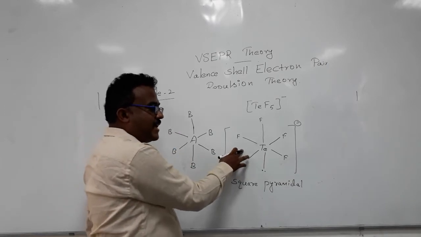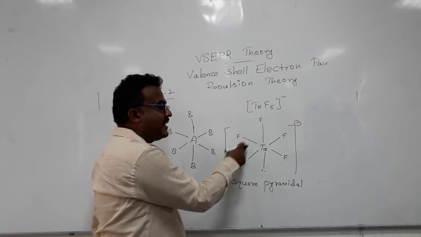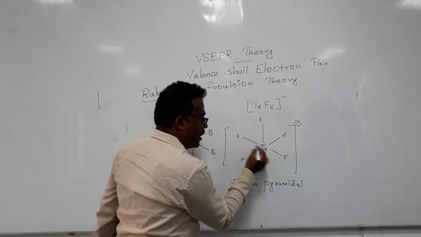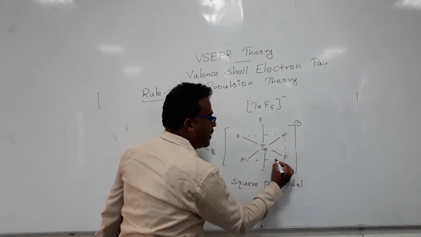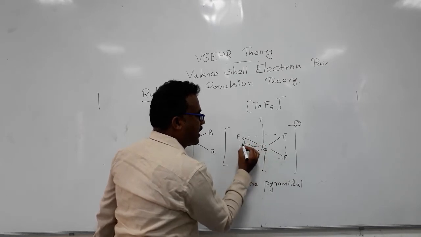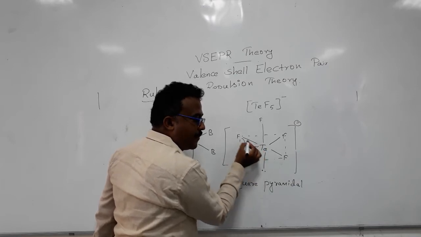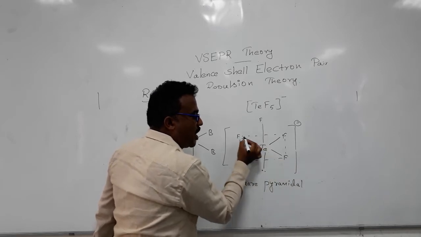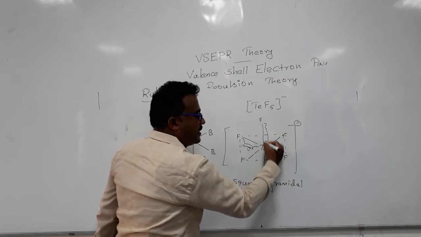But when we come to the square pyramidal molecule TeF5 minus, it has two different types of bond length. The bond length of TeF which is in the square basal plane is longer compared with the axial TeF.